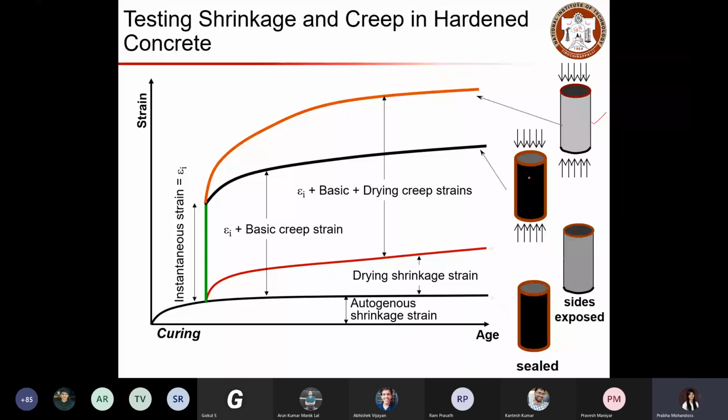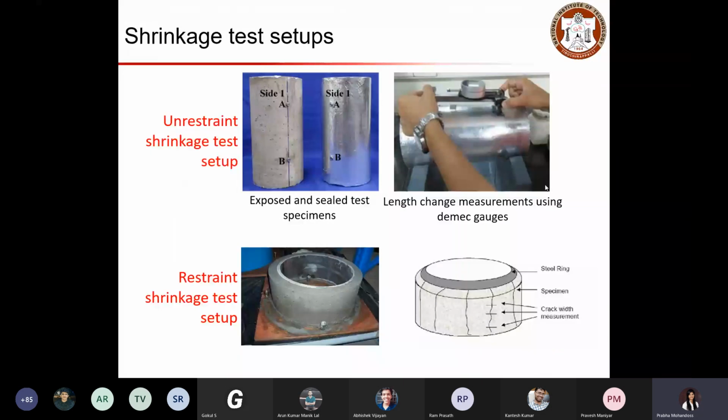So you can see the test setup we typically use for measuring the shrinkage. This is the unrestrained shrinkage test setup. All the sides are exposed here, and you mark 2 points on the surface, and you have pins called DEMEC pins. This is basically known as a demountable mechanical gauge, and then you have a DEMEC gauge.